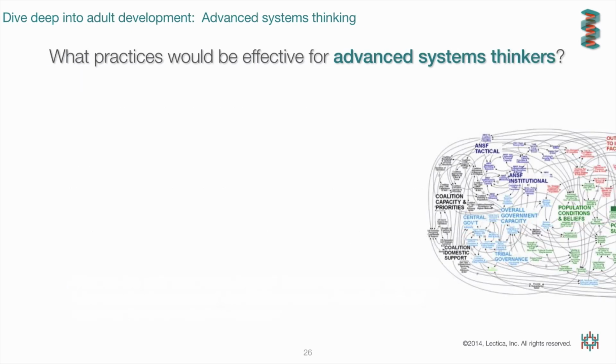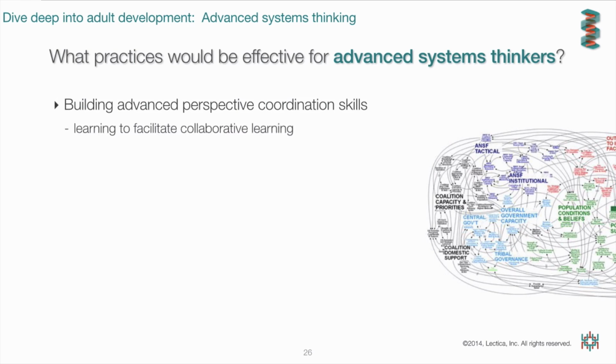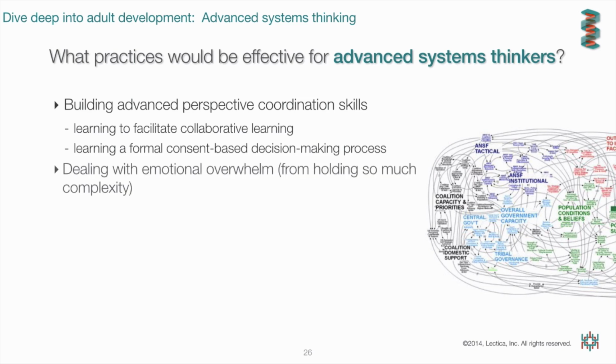What practices would be effective for advanced systems thinkers? First, building advanced perspective coordination skills by learning to facilitate collaborative learning, or learning a formal consent-based decision-making process, such as sociocracy. Second, dealing with the emotional overwhelm from attempting to hold so much complexity.